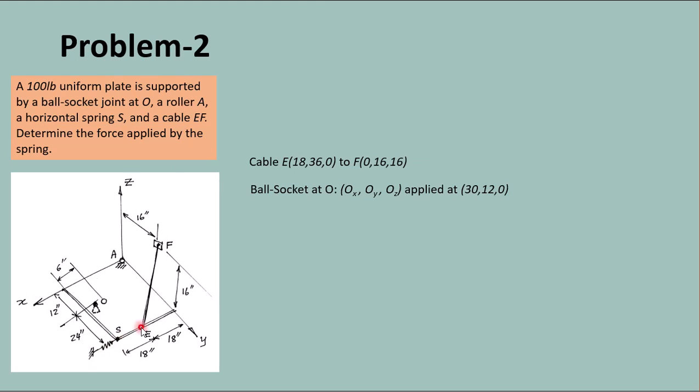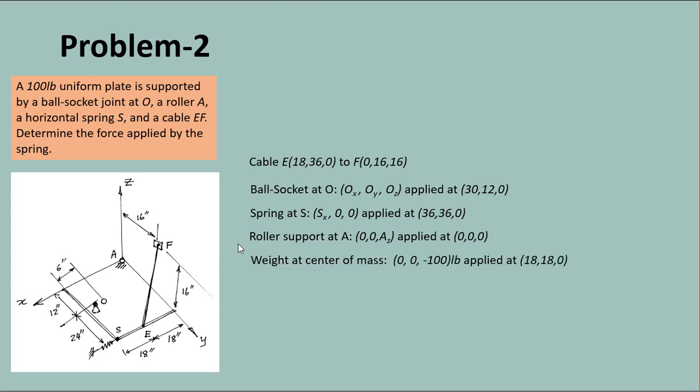and a cable EF. So we have a cable EF, a ball socket at O, a spring at S, a roller support at A, and the weight at center of mass.